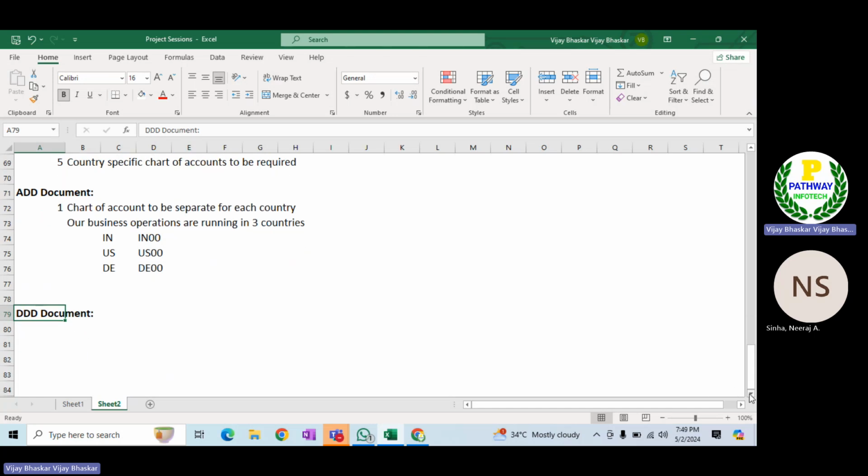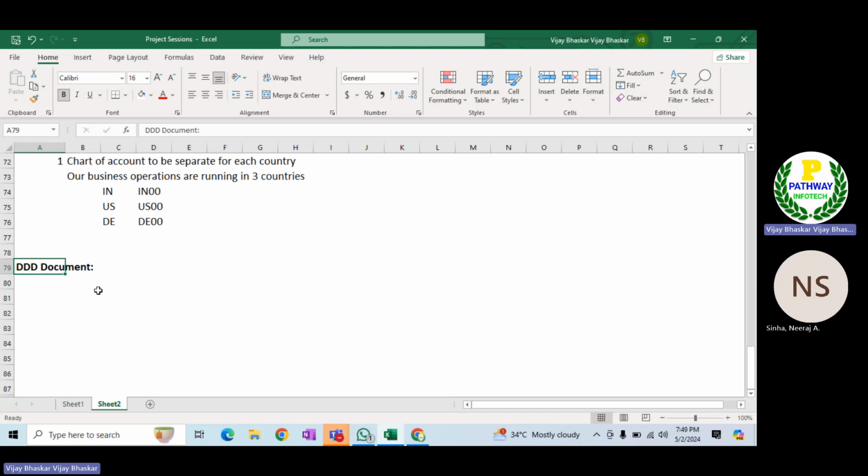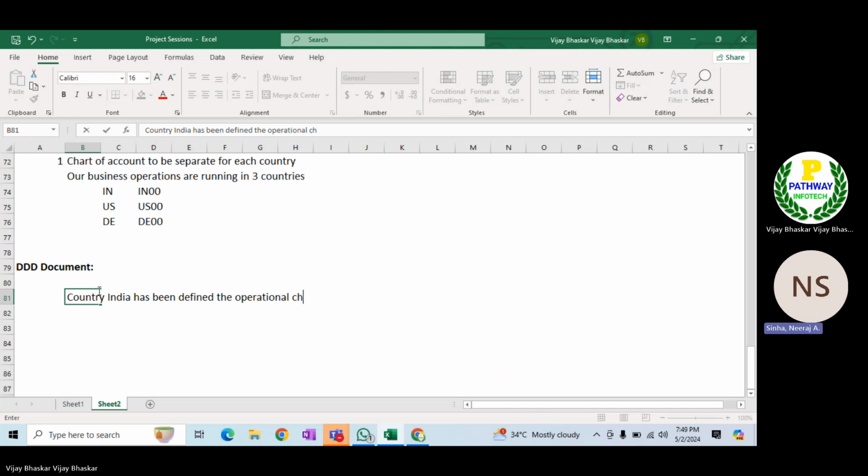In this DDD document, what are we going to write? The same requirement: country India has been defined, and the operational chart of accounts is IN00.